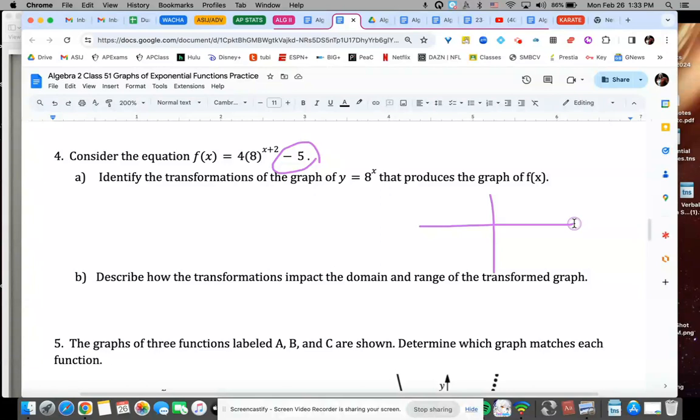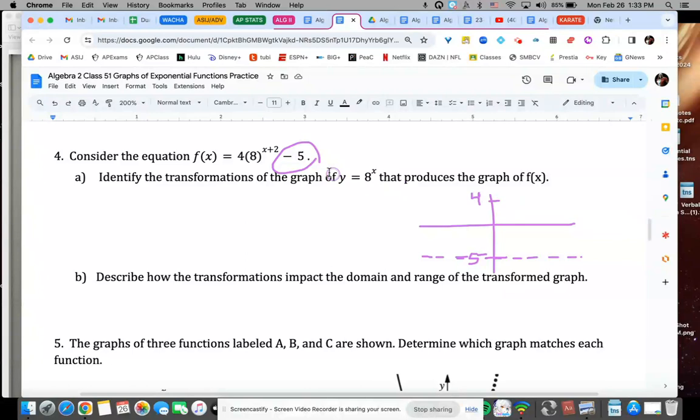I keep saying intercept, but what I mean is asymptote. So the asymptote is usually at 0, but this is going to move it down 5. So down here somewhere at -5, I'm going to have that horizontal asymptote.